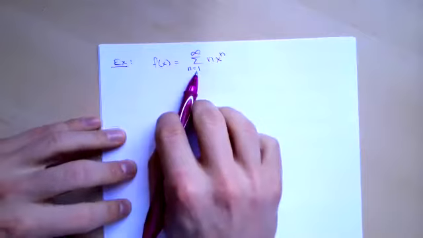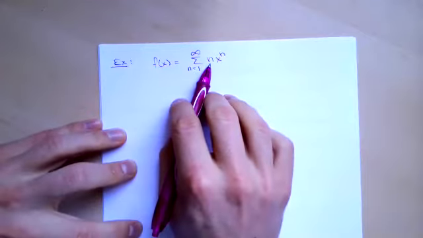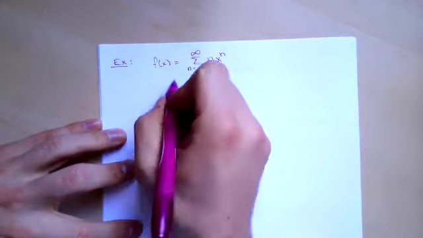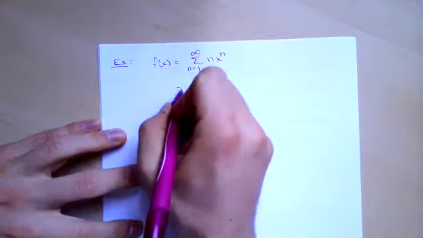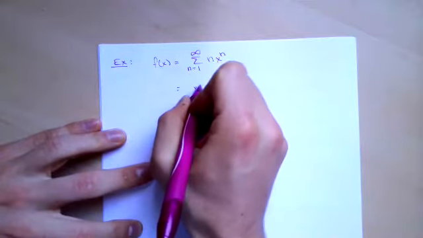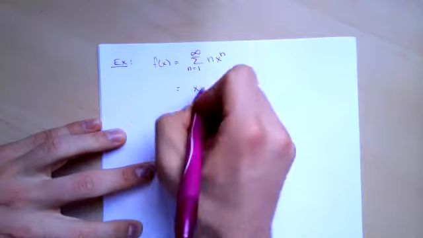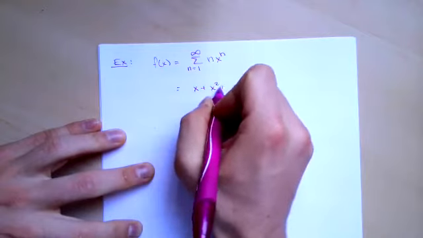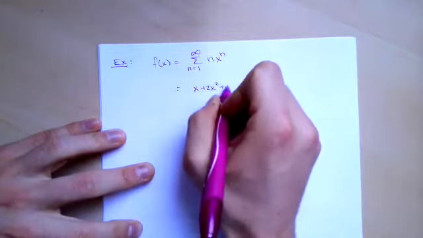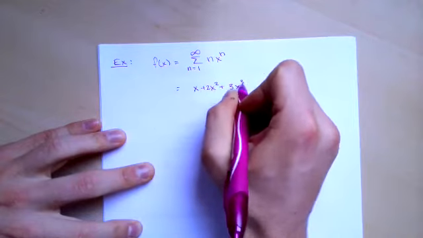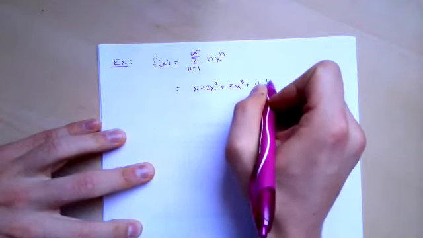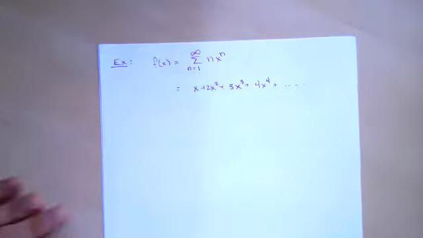I didn't start at n equals 0 because even if we did, it would be 0 times a constant, so it would just be 0. So what is this series? This series is just x plus 2x squared plus 3x cubed plus 4x to the fourth, plus et cetera, et cetera. Looks like a typical polynomial.